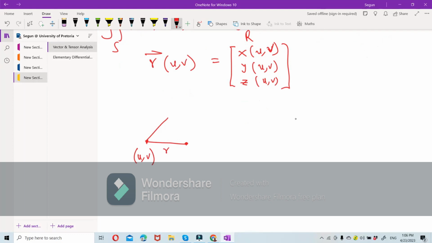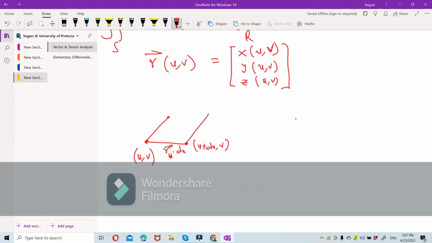Let's say we are differentiating with respect to u, du here. It simply means that there is another extension to u in this case. That means we have u plus du, comma v.